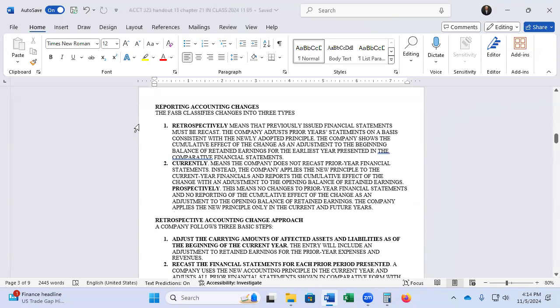So we have three types of accounting changes. The first one is retrospectively, and that basically means that you're going to go back and make an adjustment, and you are going to adjust retained earnings to the earliest year presented in the comparative financial statements.